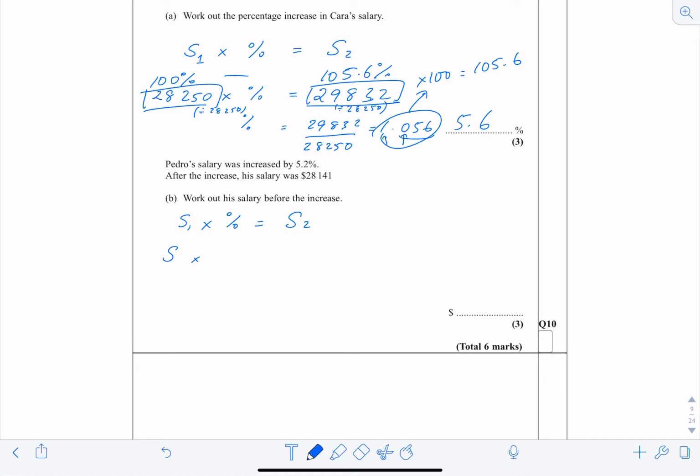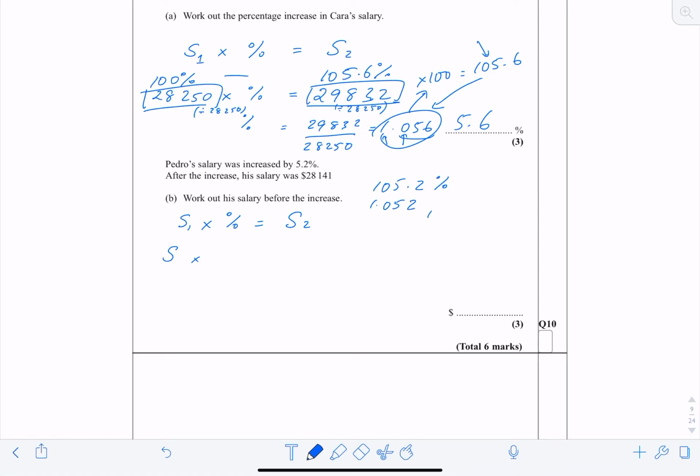Can we see here in the first question, the increase was 5.6%, which was 105.6, but the multiplier was 1.056. So if we think about this one, the second salary is going to be 105.2% compared to the original one. Divide that by 100 and we get 1.052.